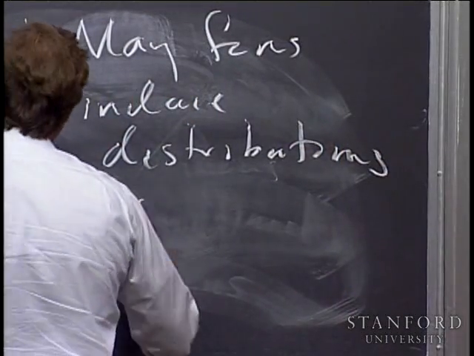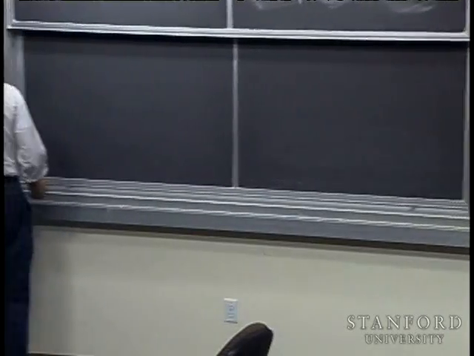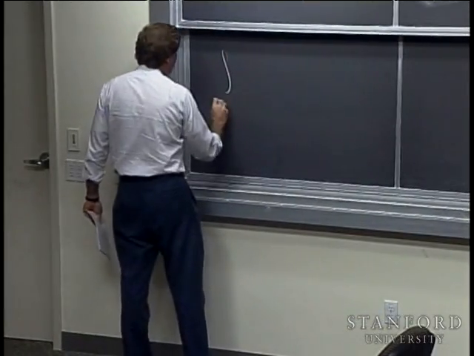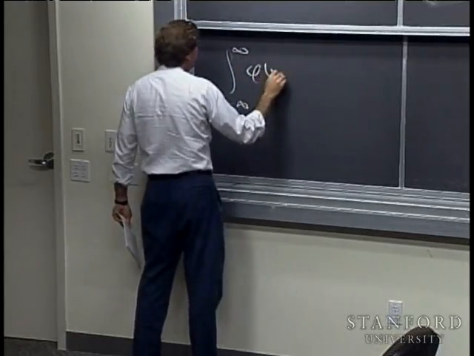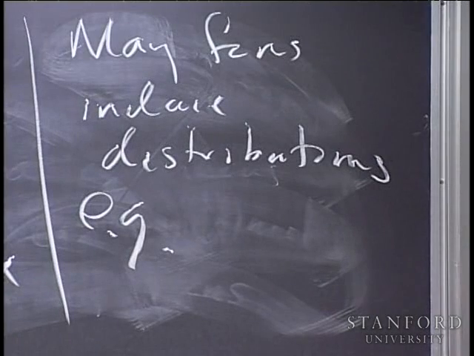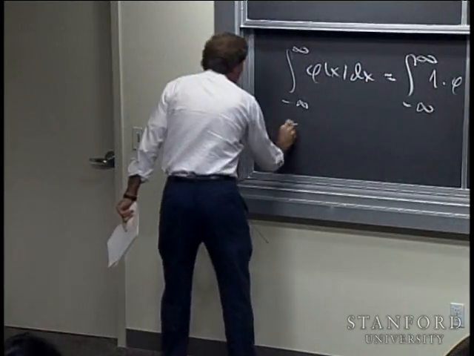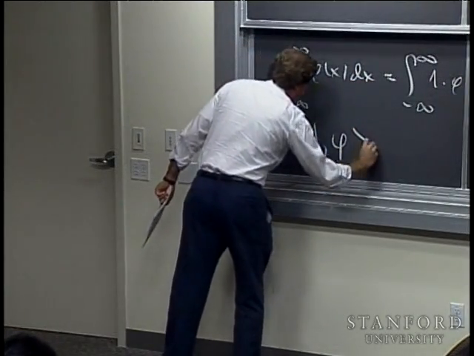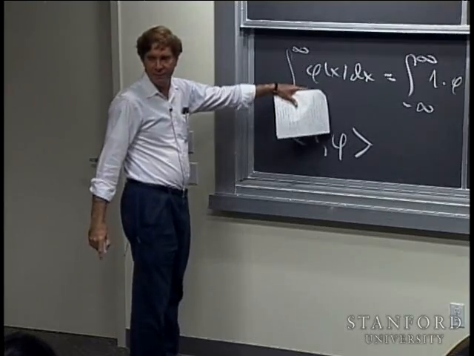For example, the integral of 1, minus infinity to infinity, phi of x dx, which is the integral from minus infinity to infinity of 1 times phi of x dx, that may make sense. It should make sense. You don't want a function which is not integrable, for goodness sake. And in that sense, 1 induces a distribution because I can allow 1 to operate on phi by means of this integral.